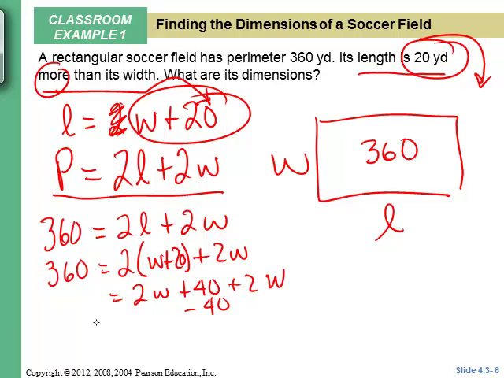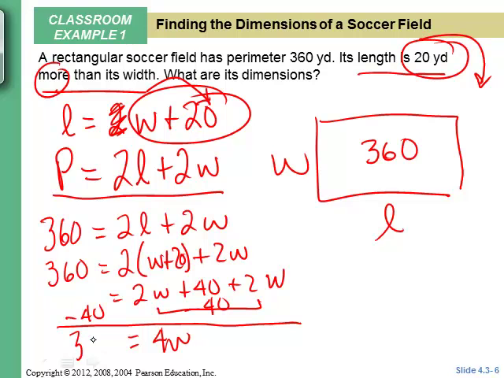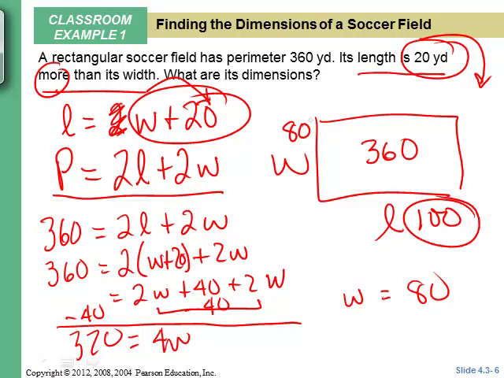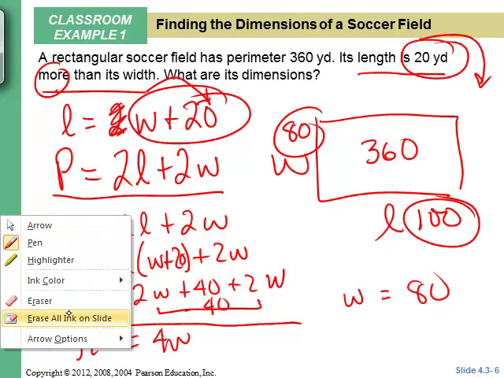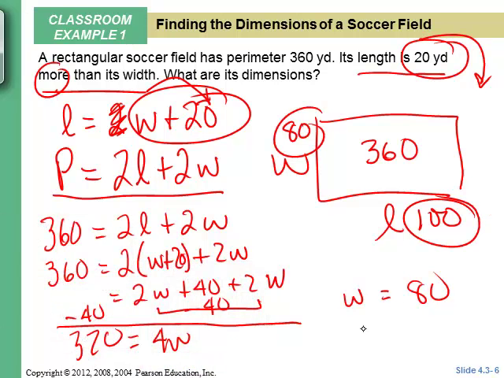Subtract 40 from each side. Combine these two, we get 4W is 320, so W is 80, which makes the length 100 because it's 20 more than that. So our dimensions are 80 by 100.